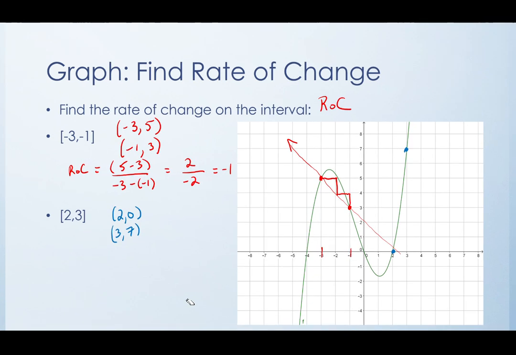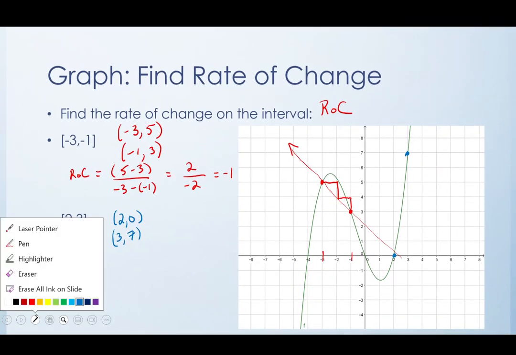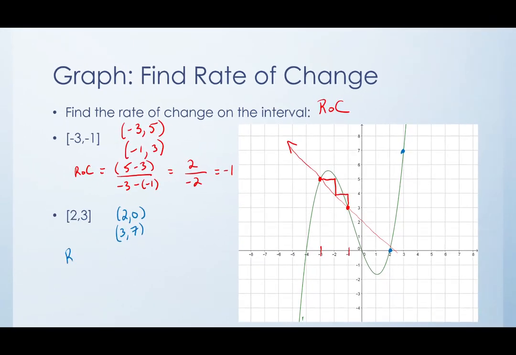We calculate our rate of change as our change in y. And again, order doesn't matter so long as you keep your pairs in the same order. But we'll do 0 minus 7 over 2 minus 3.